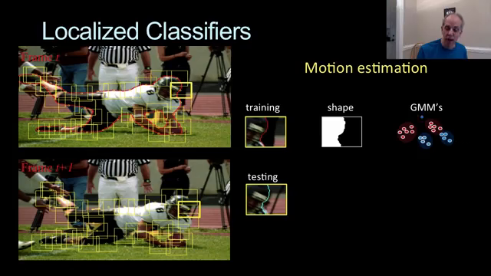Now, why do I write here GMM? This stands for Gaussian mixture models. That's one way to approximate the distribution of foreground and background. Just think once again about the histogram distributions. Now, instead of having the histograms, we want to approximate them by a parametric function.